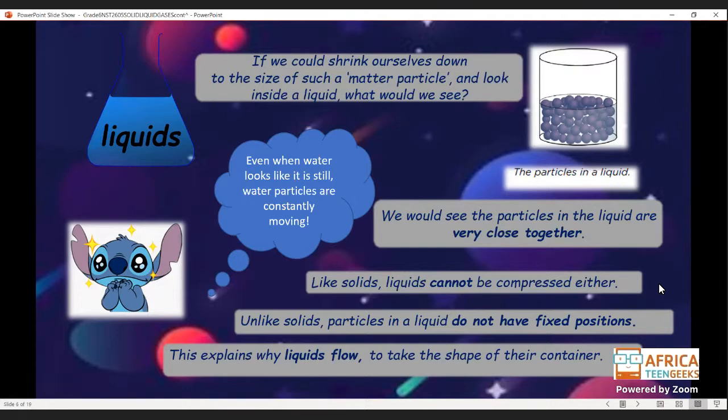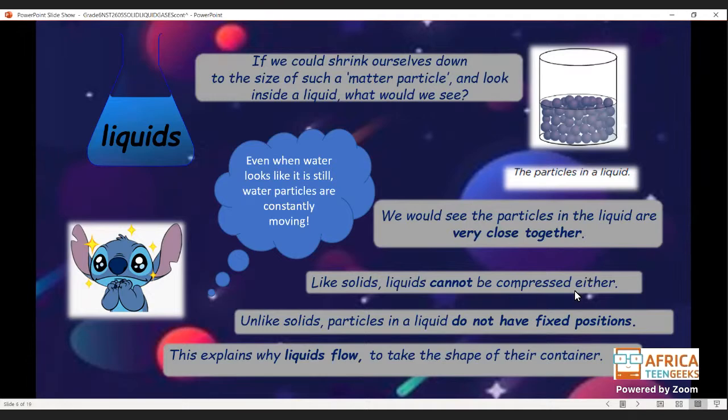Now, is it Adele? You want to take notes. Did you not have these ones yesterday? Okay, so everybody's going to jot this down. If you have it, that's fine, but I would like to give those who don't have it time to write it down, because it is important to know that liquid particles are very close together.